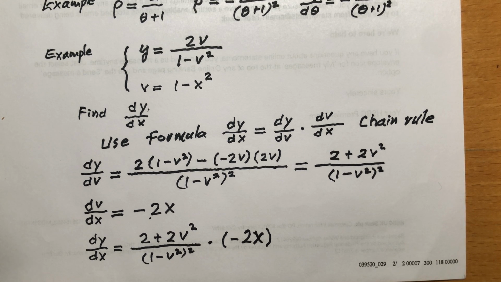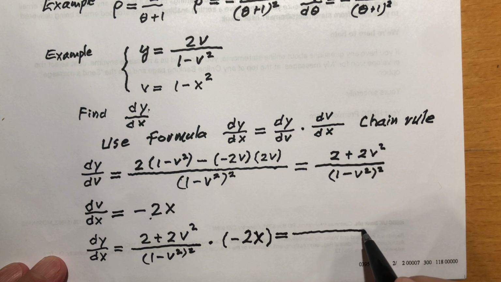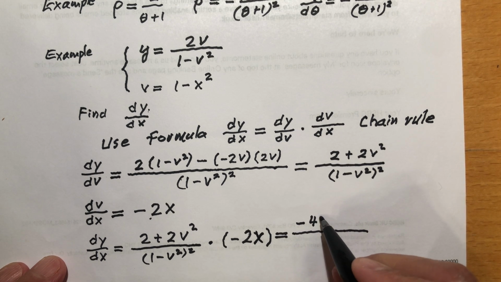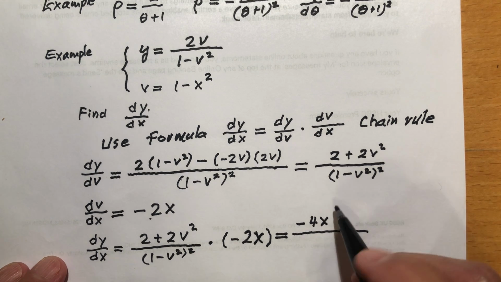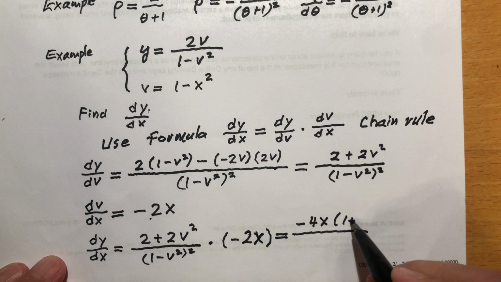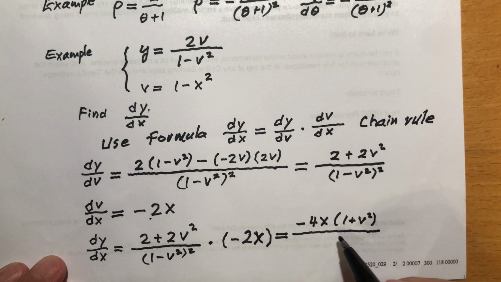And what is the result? If you multiply, then you get negative 4x times 1 plus v squared over the denominator.